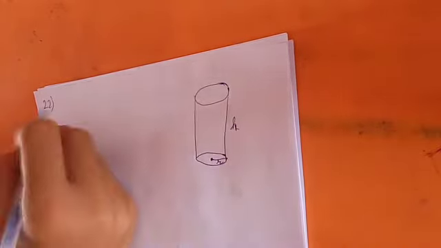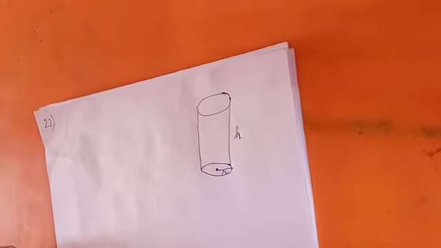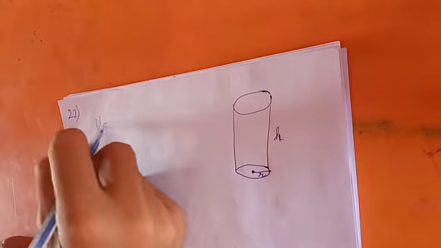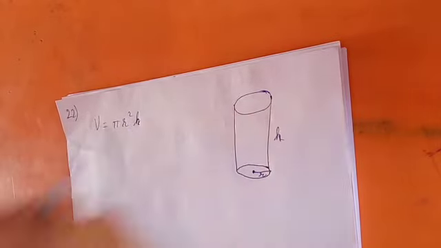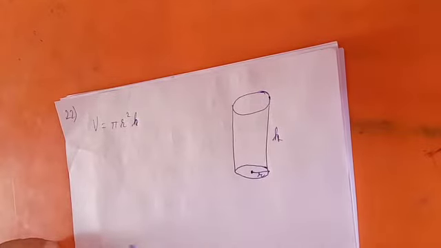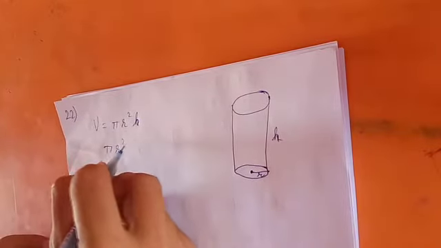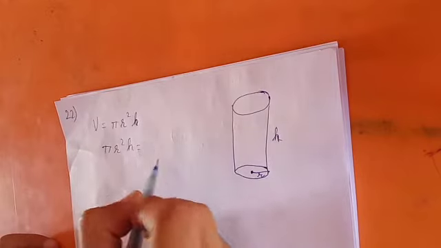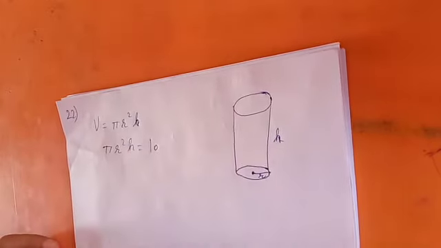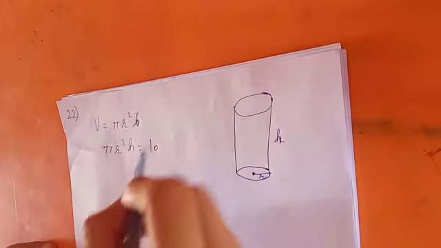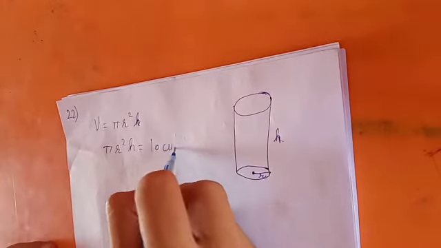Its volume is given, and what is the general formula for the volume of a cylinder? That is V is equal to pi r square h. So pi r square h is given to us as 10 cubic inches.